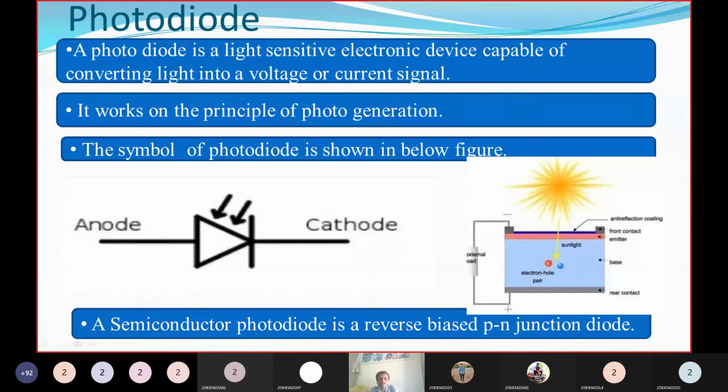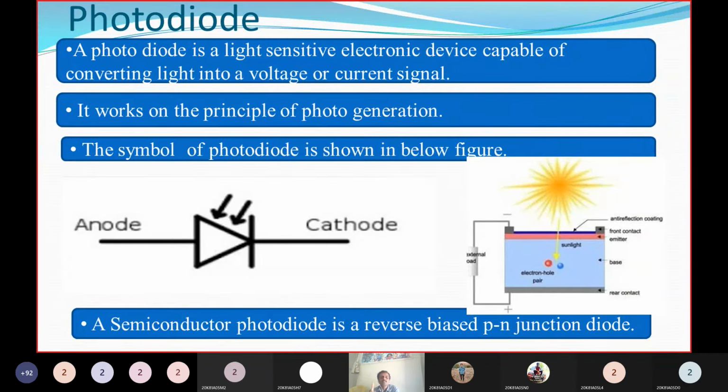Next, a semiconductor photodiode is a reverse biased PN junction diode. Already we discussed that in the case of an LED, the PN junction diode is connected in forward bias, but in the case of a photodiode, the same PN junction diode is connected in reverse bias.